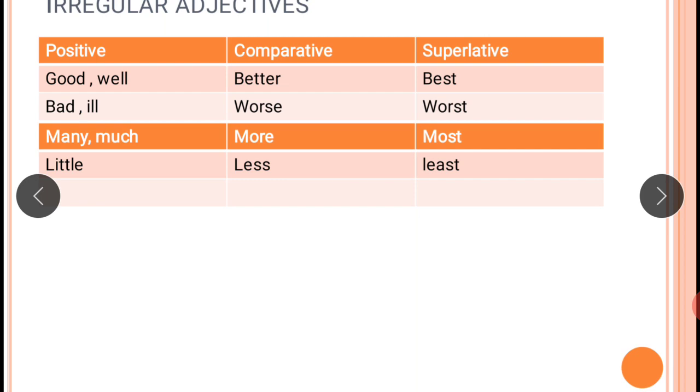That is why these come under irregular adjectives. So good, better, best; well, better, best. Bad, worse, worst; ill, worse, worst. Many, more, most; much, more, most. Little, less, least. So they take an irregular form of comparative and superlative. Please keep this in your mind.